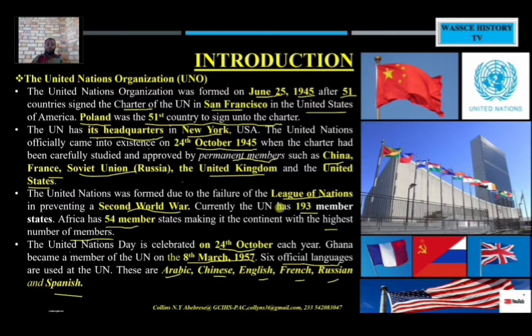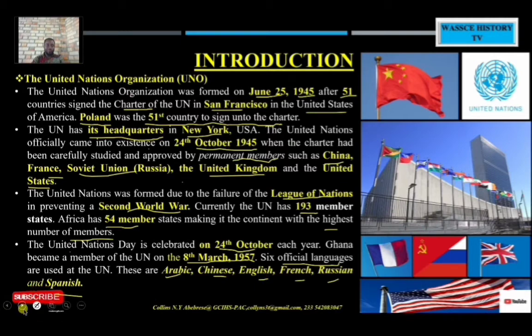And so again, I come here with the fact that Africa, which has the highest number of members with 54 member states, none of our languages is featured here. And that raises so many questions about the continent. These languages are languages of individual countries, yet they are there. But for the African continent, none of our languages is spoken over there.